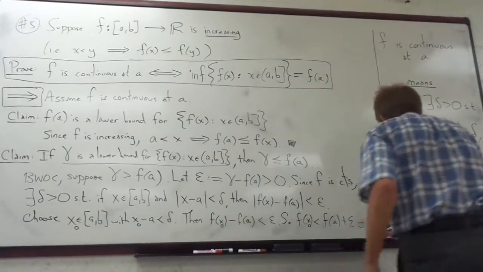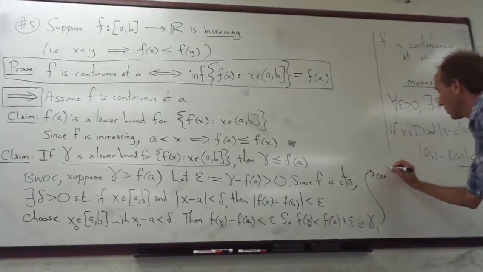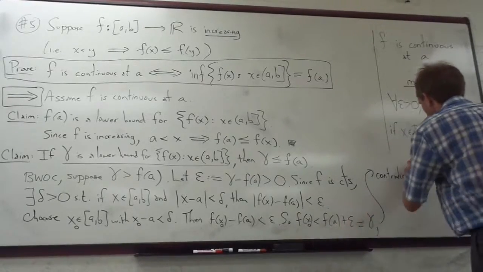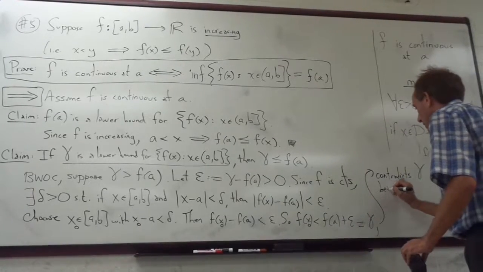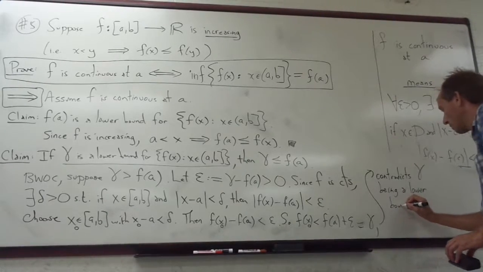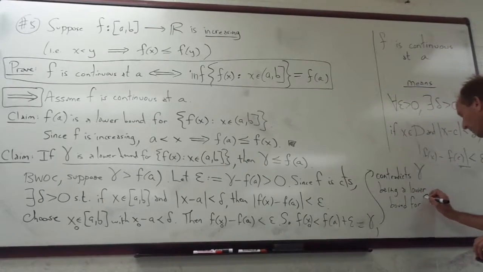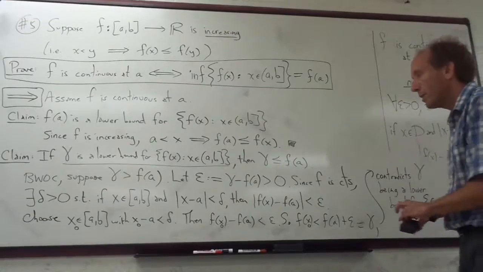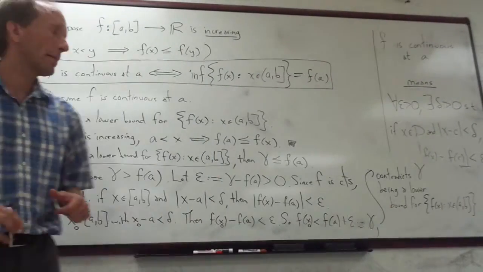So this contradicts gamma being a lower bound for the set of f of x such that x is in the half open interval AB.